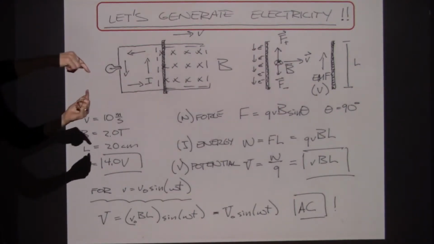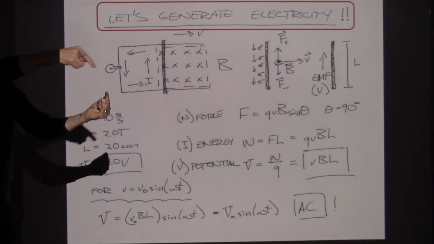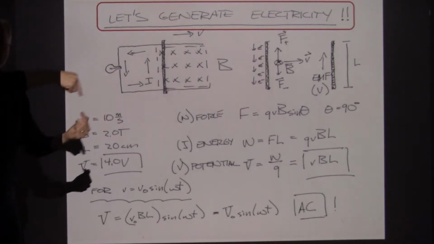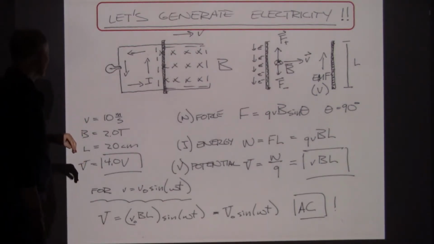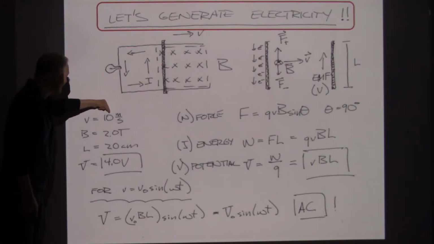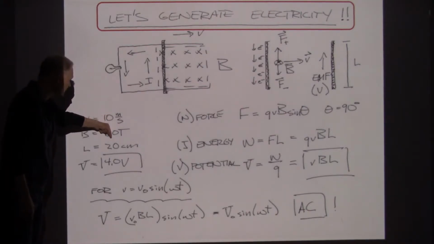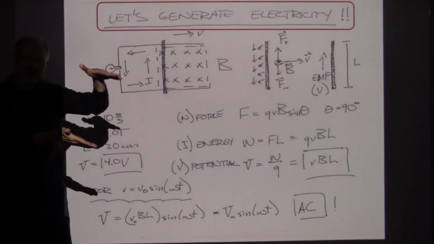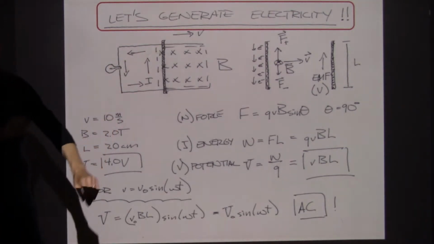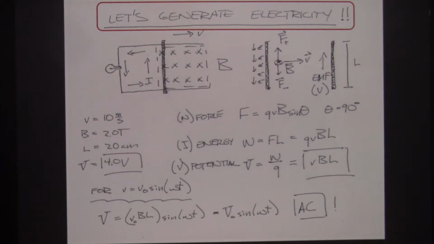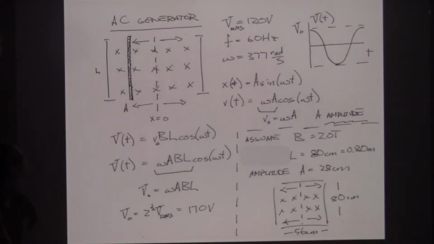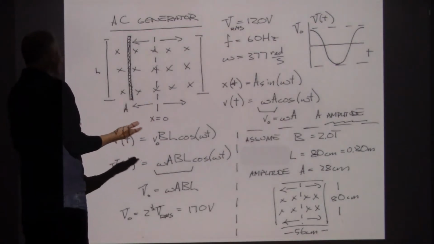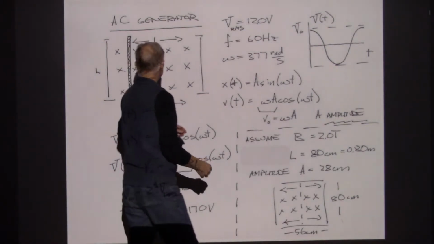So generators are spinning loops of wire through magnetic field regions, and depending on how many loops there are, depending on how fast they're spinning, depending on how large the magnetic field is, depending on how large the loops are, specifically the lengths running perpendicular to the magnetic field, that's going to determine our EMF, or the voltage, for the generator. So, well, let's try and make a generator from this.